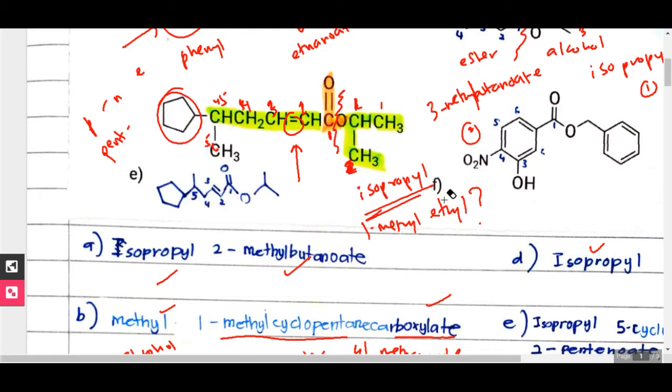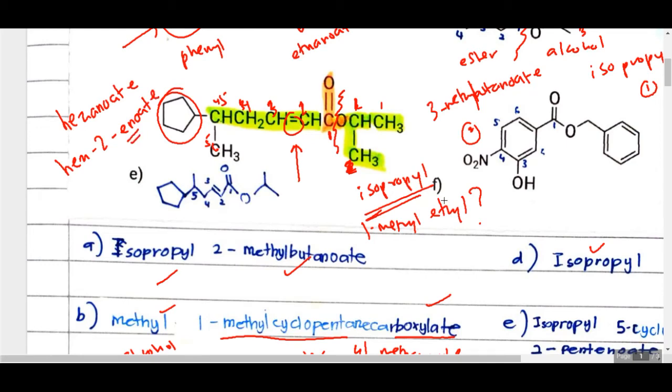It should be hexanoate. However, there is a substituent at carbon number 2, so this will become hex-2-enoate. And 'en' refers to the alkene group.